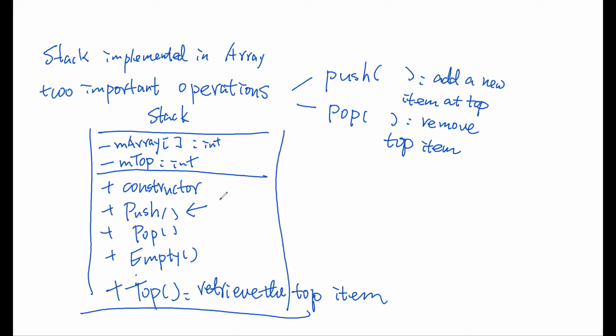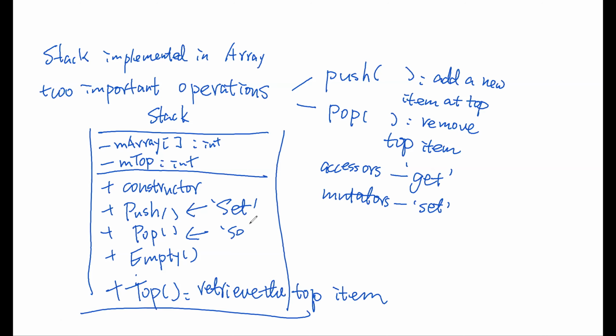Because in class we said, generally speaking, you have accessors, which means get methods, and mutators, which means set methods. Someone replied in chat: set. Yes, very good. So push is a set function, it belongs to the set category. And the pop also belongs to the set category.